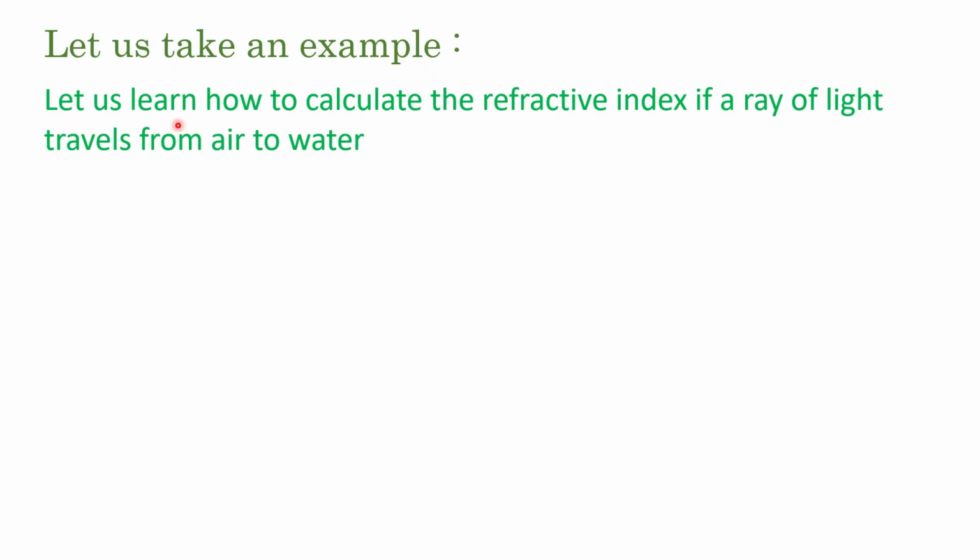Now, let us learn how to calculate the refractive index of a ray of light which travels from air to water. So, from here it is very clear that we are going to find the refractive index of water, right? Now, here, as I said earlier, refractive index is always sin i by sin r, which is a constant.